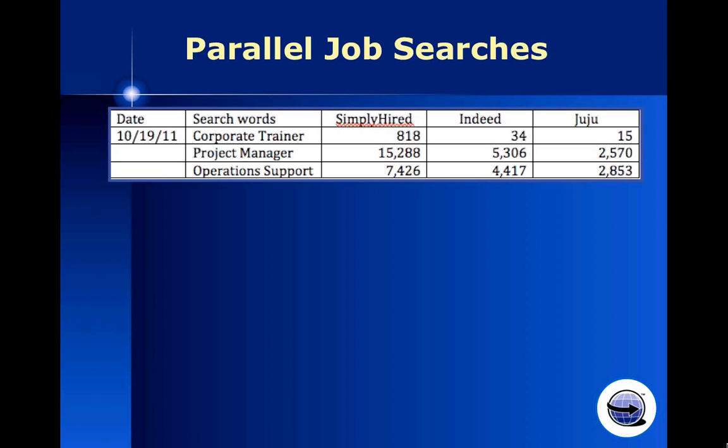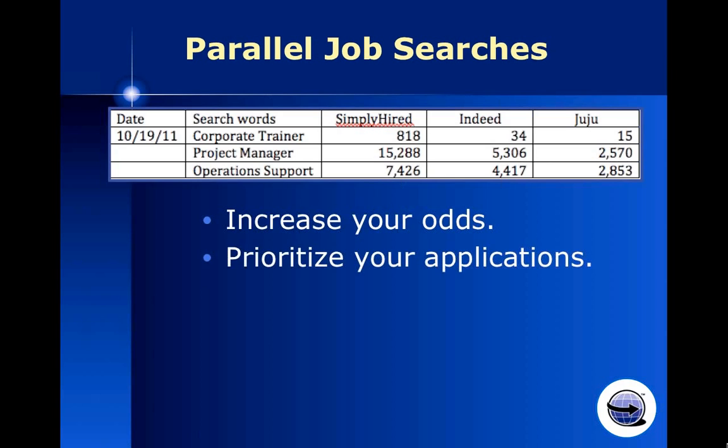So on this day, I can see that there are more opportunities as a project manager than any of the other options. So I'm going to focus on project management because that's where most of the hiring seems to be happening. So tracking your results will increase your odds of your timing, and it will also help you prioritize your applications and where you can best focus your search.